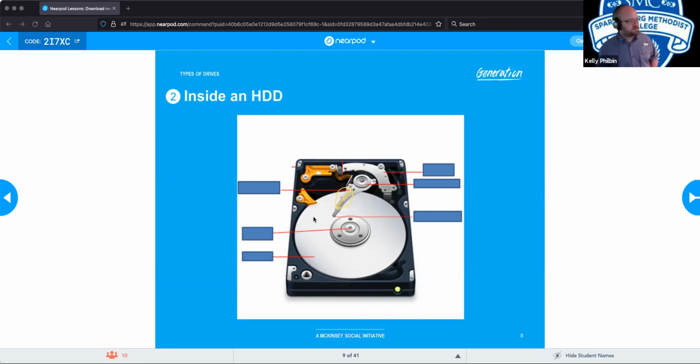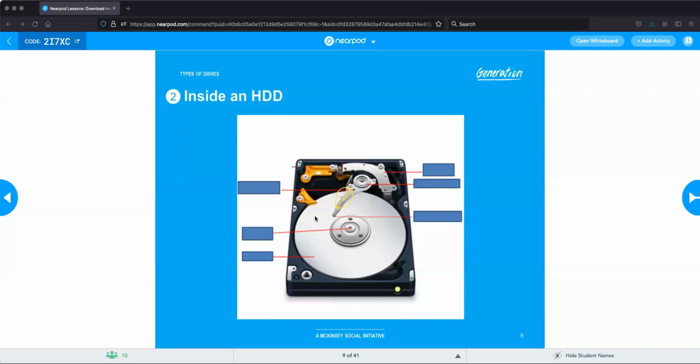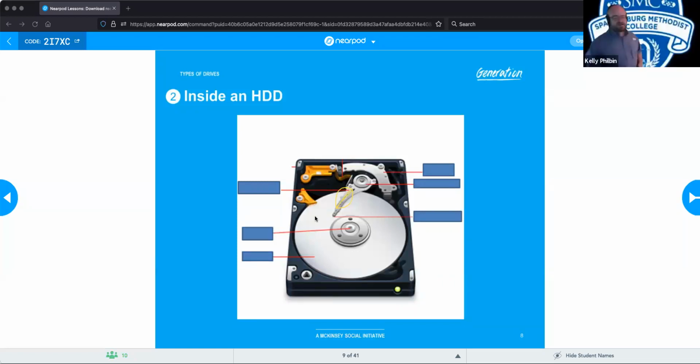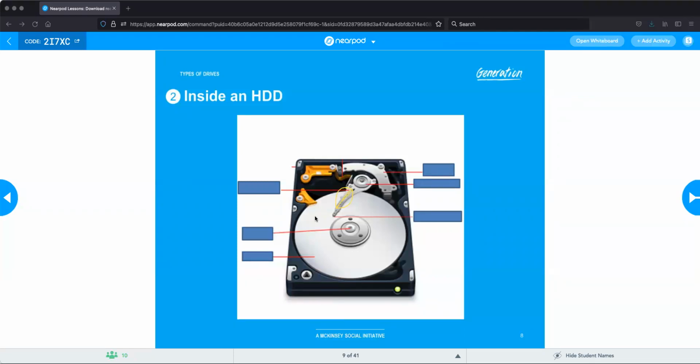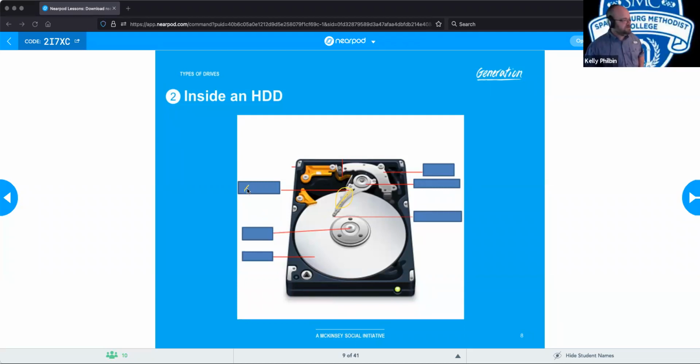What is that? That's the head, the reading head. You agree with that? Oh, you mean the arm? Yeah, that is the arm, actuator arm.